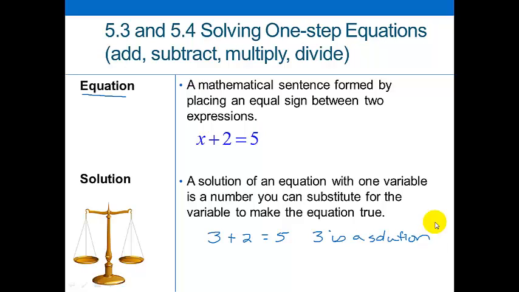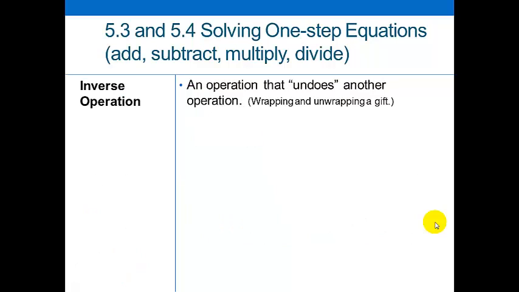Okay, so how can we find those solutions without doing mental math? Again, if you can, you would want to use mental math, but there are going to be some situations where you have 2, 3, or 4 different operations that you have to do in order to solve it, so you're going to want to make sure you write it down. So we use what we call inverse operations, and it's an operation that undoes another operation.